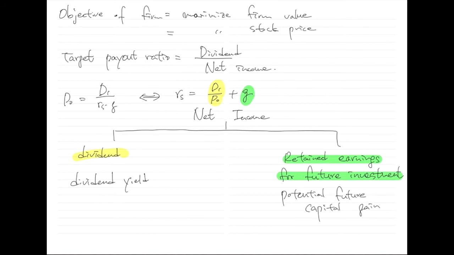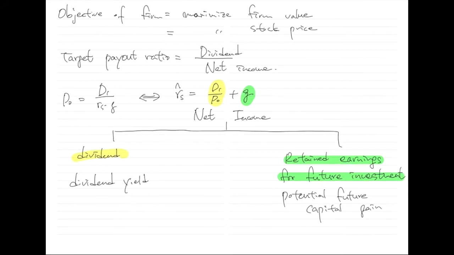However, if the dividend increases, less money will be available for reinvestment, which will cause the expected growth rate to decline and tend to lower the stock price, right? So therefore, any change in the payout policy will have two opposing effects, right? So optimal dividend policy must strike the balance between current dividend and future growth.